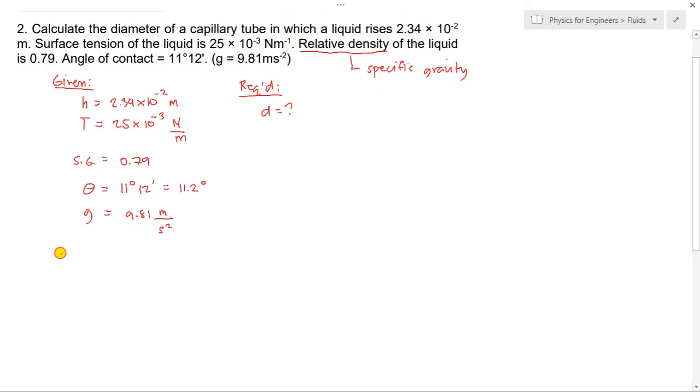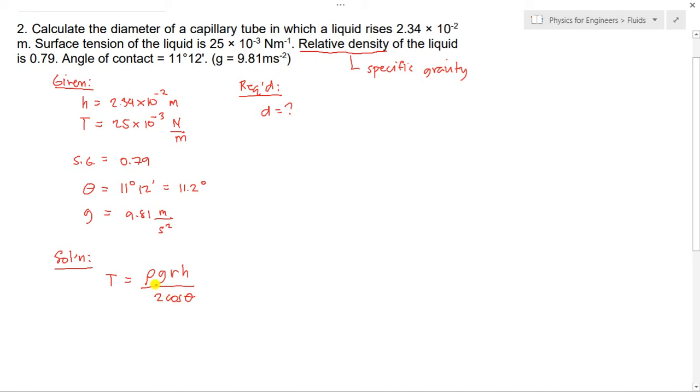Okay, solution. Since this is a capillary tube, the formula for our surface tension is T equals density of the liquid times gravity, the radius times the height, all over 2 times the cosine of the angle of contact.